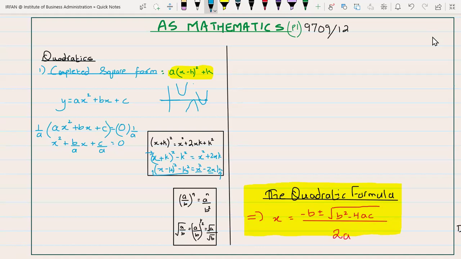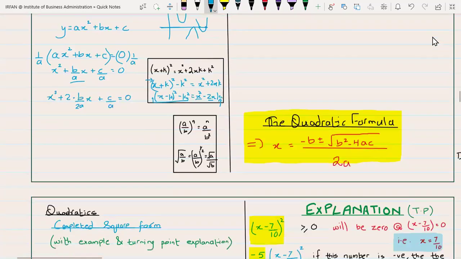Therefore, to get the desired form, we will multiply and divide our second term by 2 and can now close this equation into a completed square form. x squared plus 2 times b upon 2a times x plus c upon a is equal to 0. Now this is our desired form.